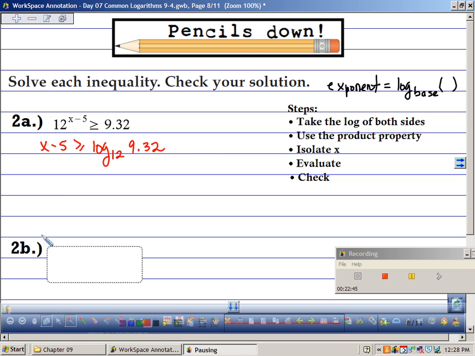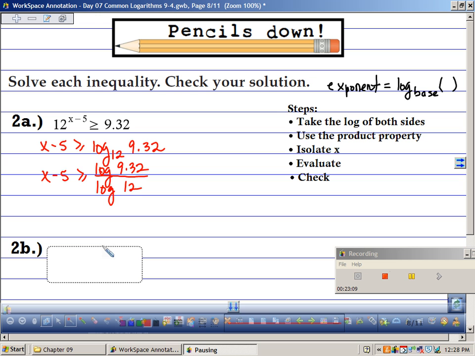Fair enough? Okay, now I'm going to use change of base, so that I can put this in a calculator. So I still have x minus 5 is greater than or equal to log what? 9.32 compared to log 12.